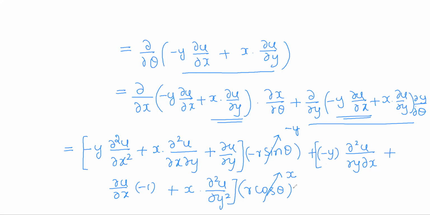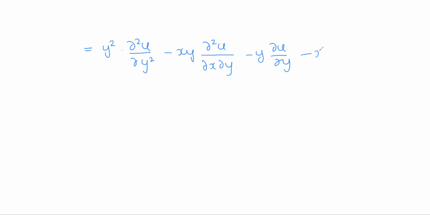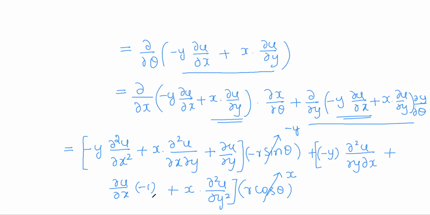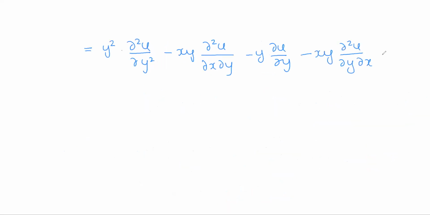Now this whole into x. So first term will be minus xy ∂²u/∂y∂x. Second, minus 1 into x, so minus x into ∂u/∂x.